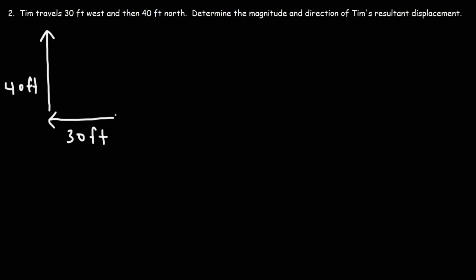So now let's draw the resultant displacement vector from the beginning to the end. So the horizontal displacement is 30 feet. The vertical displacement, dy, is 40 feet. So let's calculate the magnitude of the resultant displacement using the same formula.